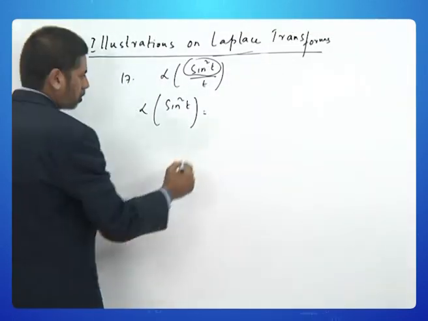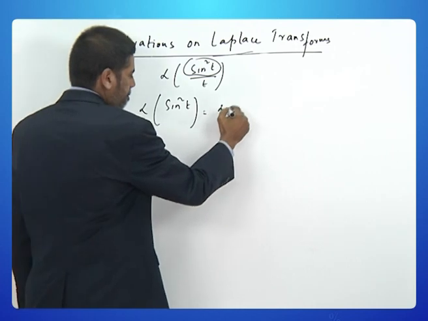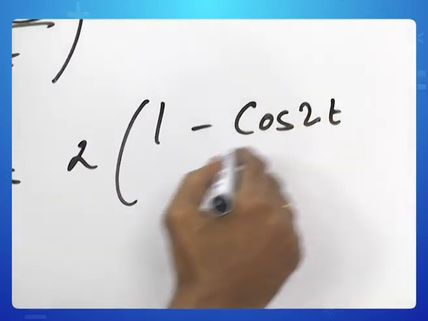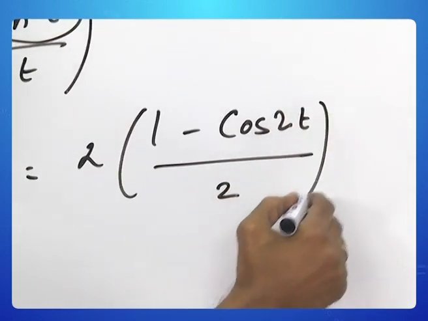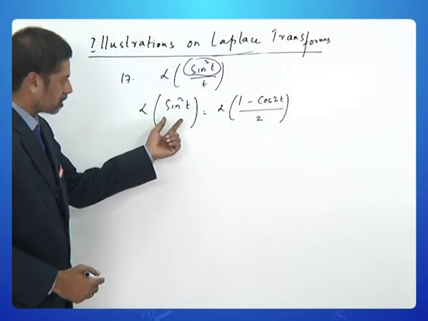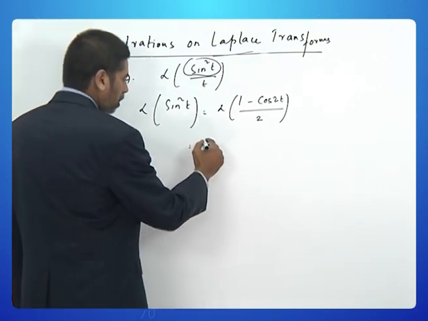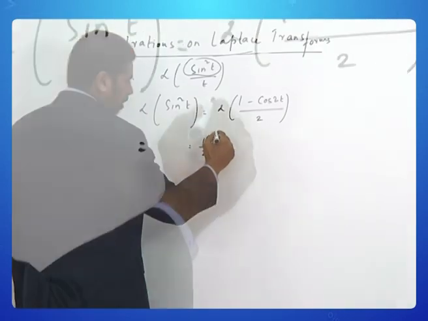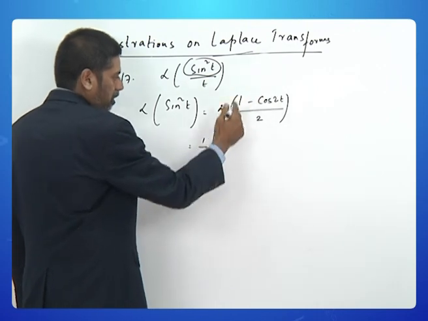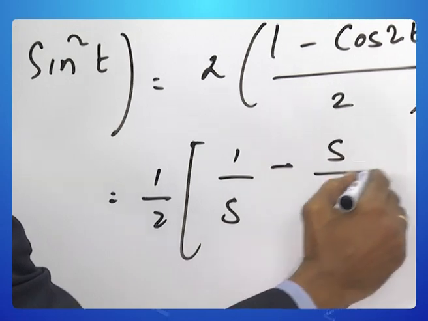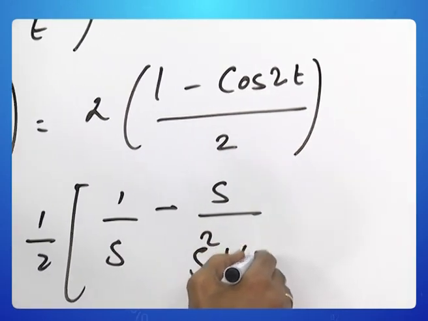All of us know we cannot do this directly. Using the basics of trigonometry, you first convert sin square t. Apply linearity. Laplace of 1 is 1 by s. Laplace of cos 2t is s by s square plus 4.